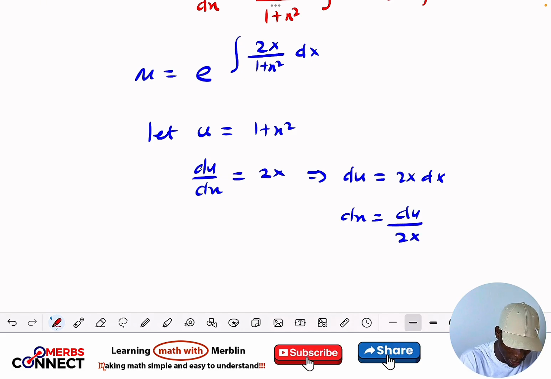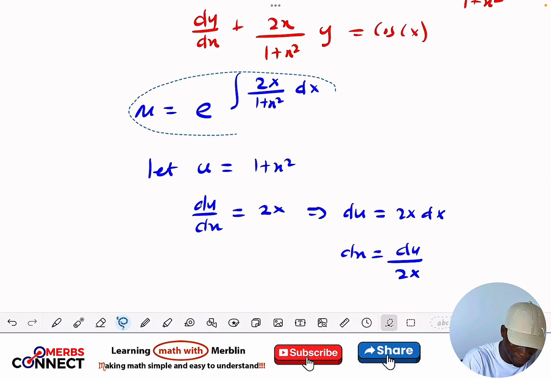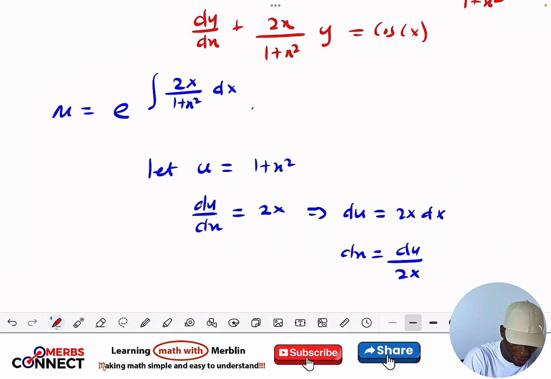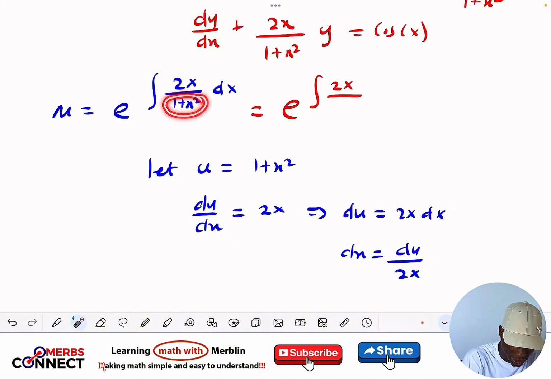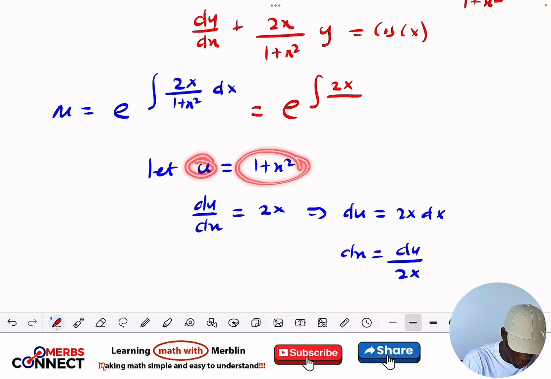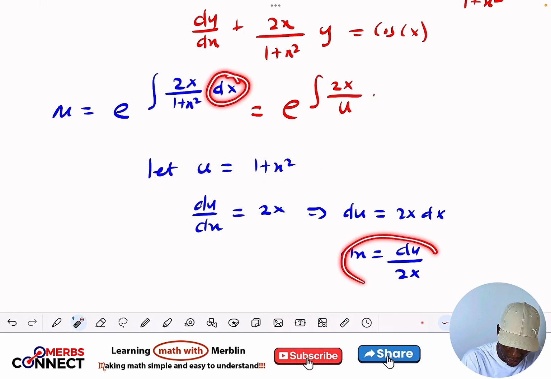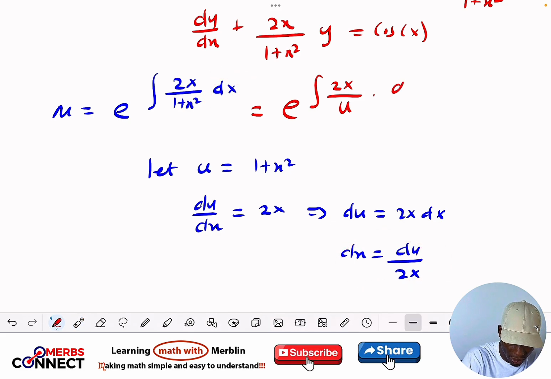So now let's plug them in and see what we are going to get. This is the same as the integral of 2x divided by u, since 1 plus x squared is the same as u, times dx, which is du over 2x. Then 2x will cancel 2x.